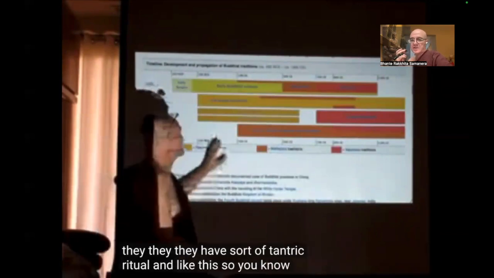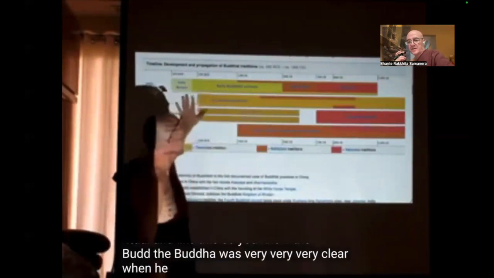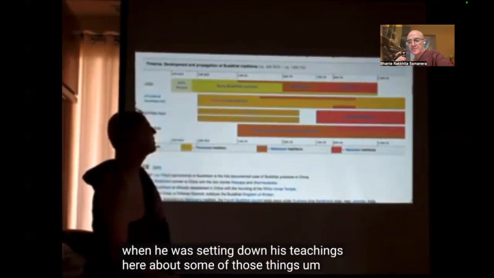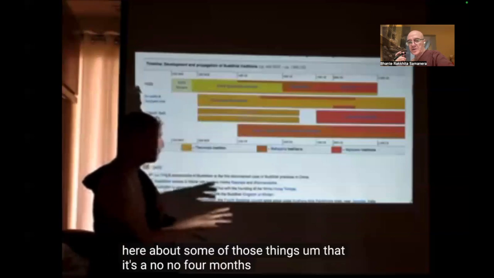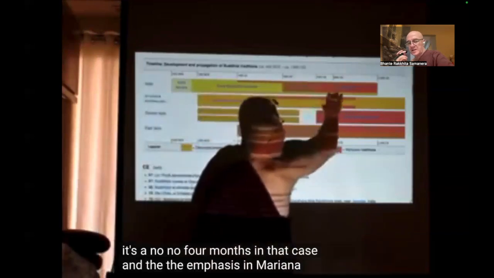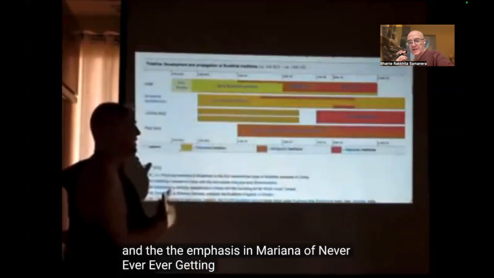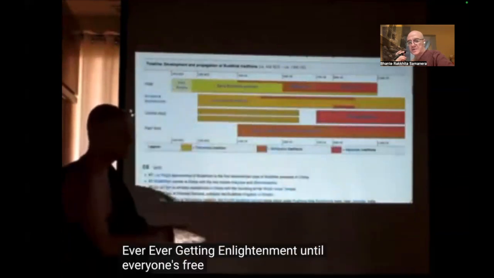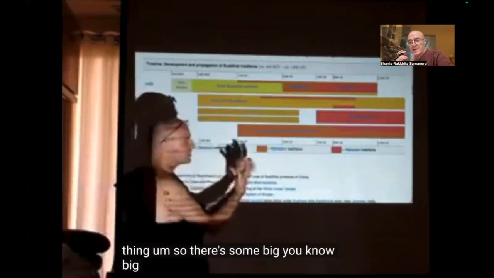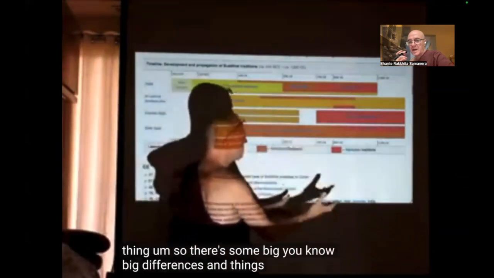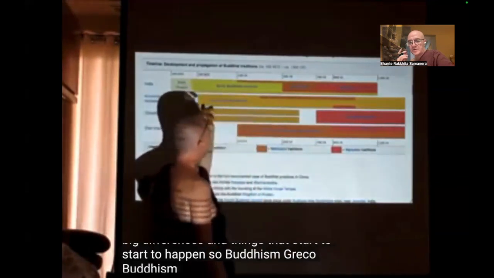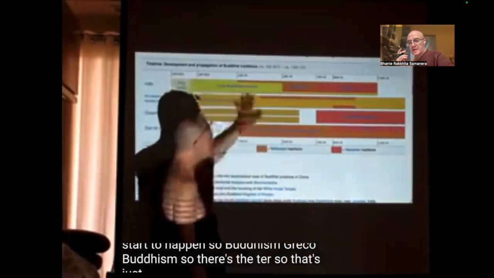The Buddha was very clear when he was setting down his teachings about some of those things. It's a no-no for monks. And in Mahayana there's the emphasis on never getting enlightened until everyone's free, for example. So there are some big differences that start to happen, then Greco-Buddhism, then the Theravada.